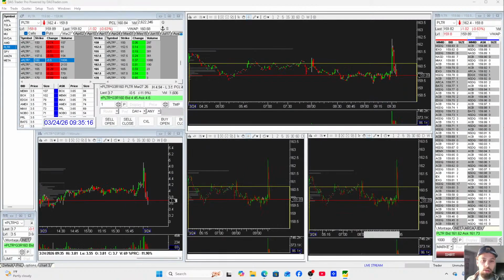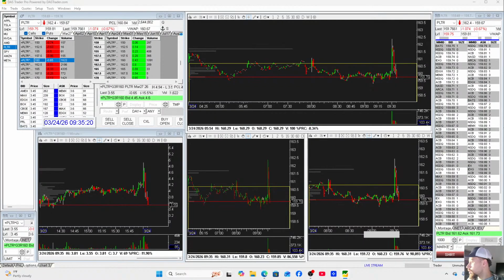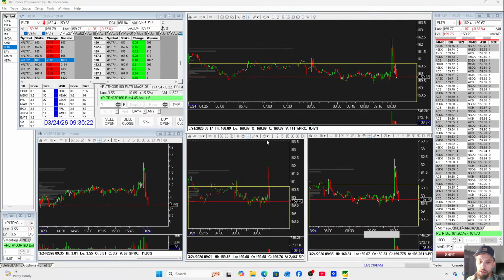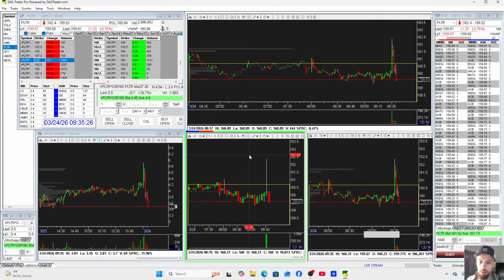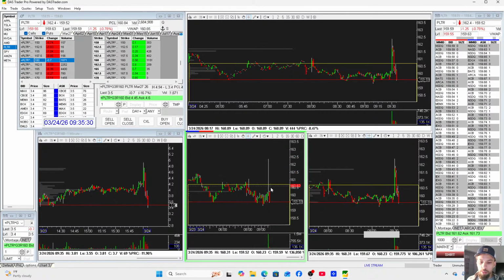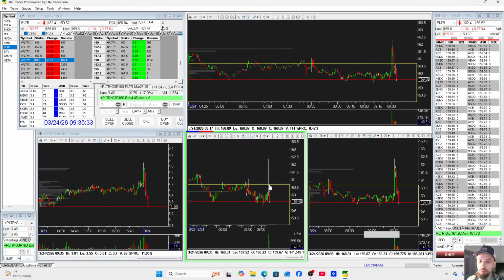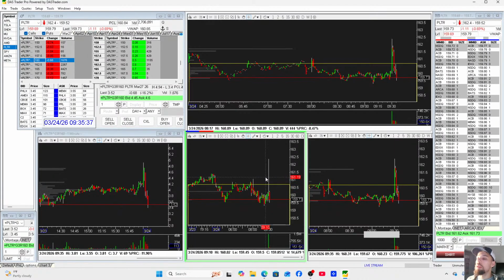PLTR, PLTR is 5 minutes, very bearish. Look at PLTR's 5-minute candle, 1.5 million shares with a monster weight to the upside. So you expect it to move down with that.